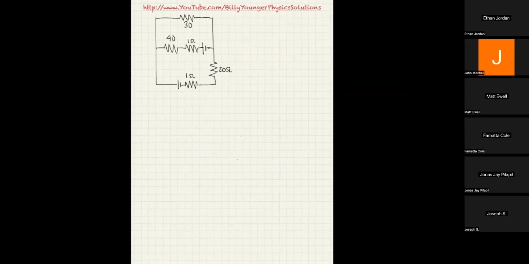Actually, what I can do is this. Cut. And I should be able to paste now. If I can just find how to paste, that'd be really cool.